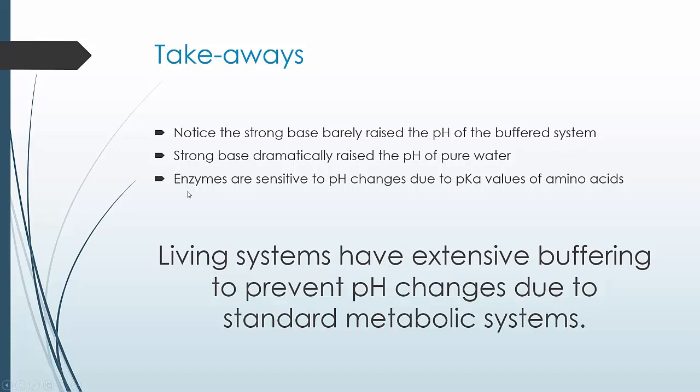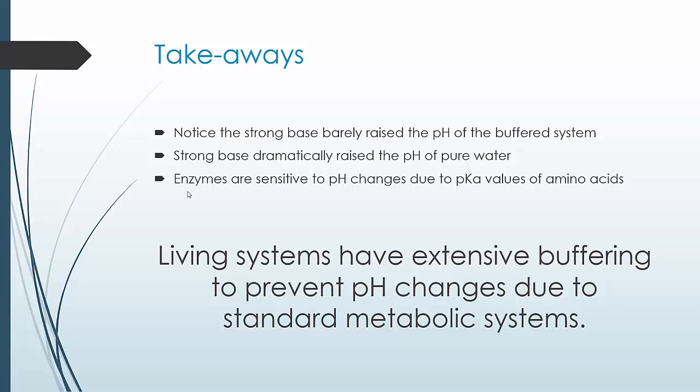Because enzymes, as we know, are sensitive to pH changes due to the pKa values of their amino acid side chains. Things like lysine, which is a protonating, deprotonating amino acid, or glutamate, which also protonates and deprotonates on the side chain, have pKa values, which means they do buffer.